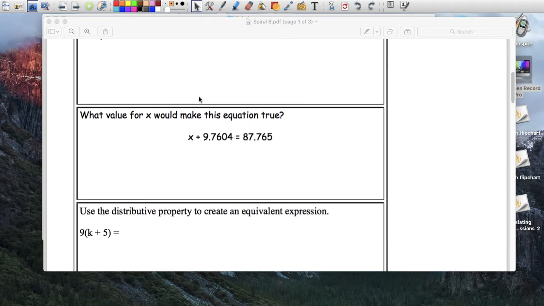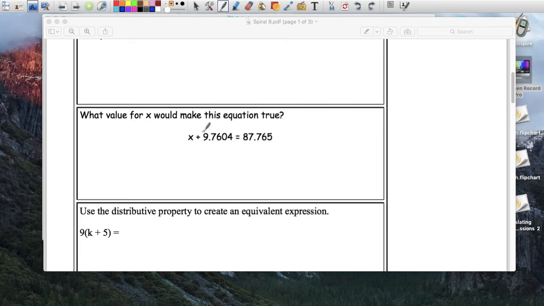Let's go. What again? So I'll solve this a little bit differently. We can subtract to find what value of x, added to 9.7604, gives me 87.765.